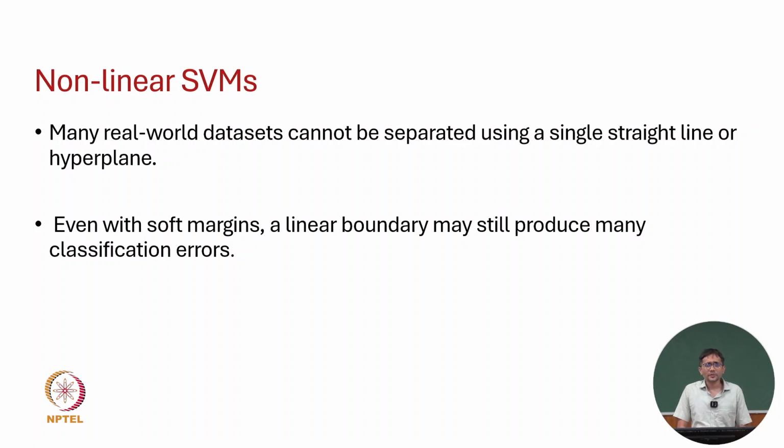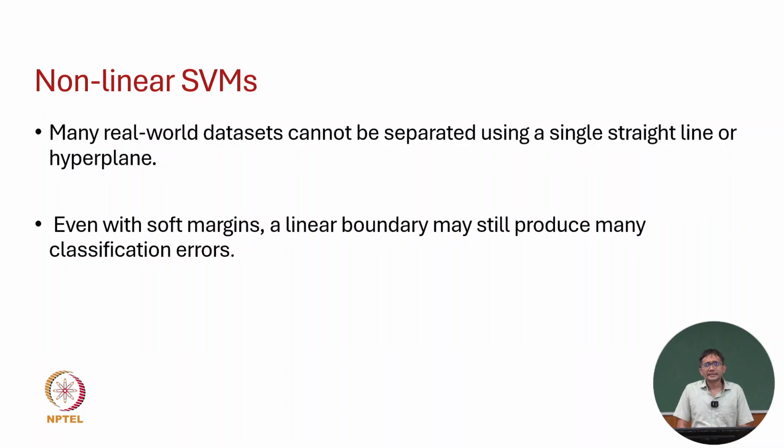And here the point to be emphasized is that what we are talking about is not just a few misclassifications or noisy data, which we saw in the last lecture that we can possibly handle with the soft margin version of SVM.